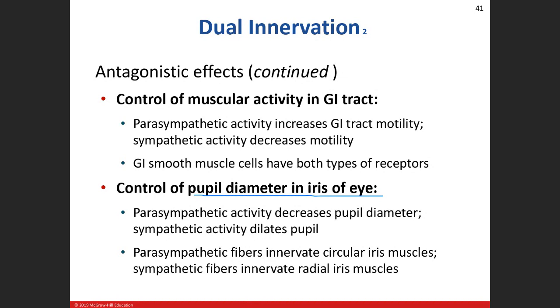And when the parasympathetic division takes over, you're going to constrict the pupil, because you are stimulating the pupillary constrictor muscles. So again, this is another example of dual innervation, with antagonistic effects, opposite. They oppose one another.